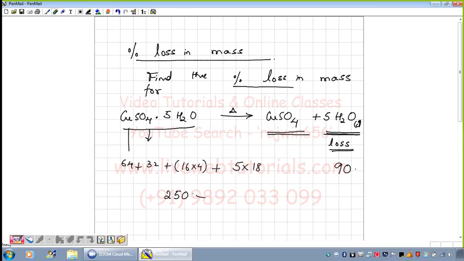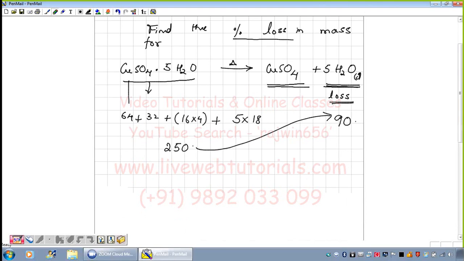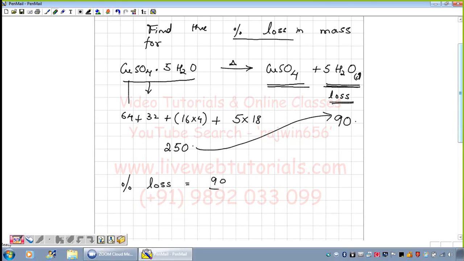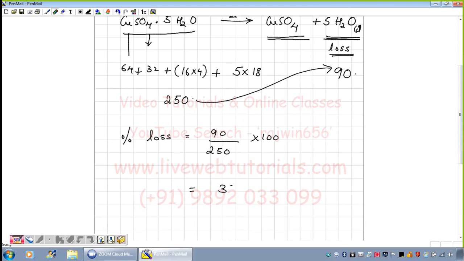So out of 250 grams, 90 grams will be lost. Okay, so the percentage loss in mass will be 90 divided by 250 multiplied by 100. This is the percentage loss in mass.